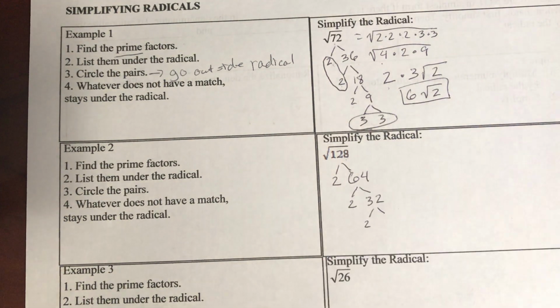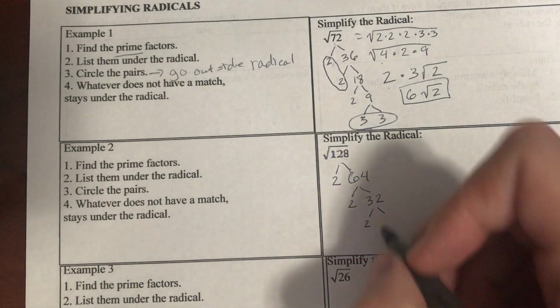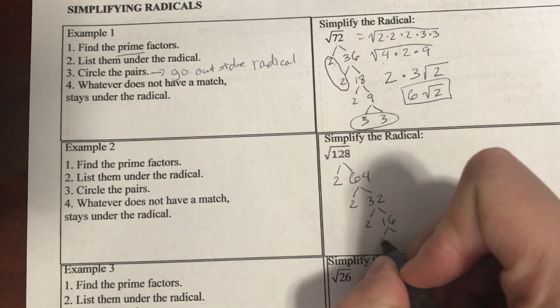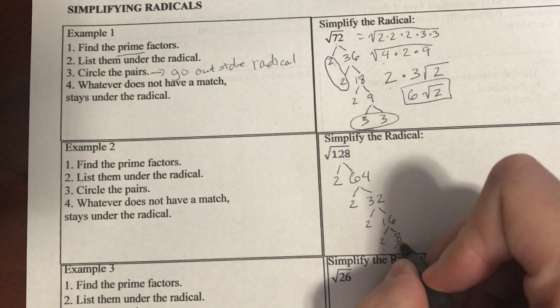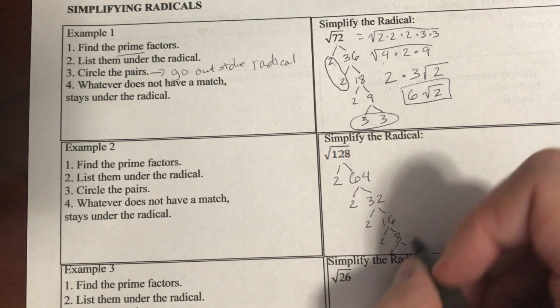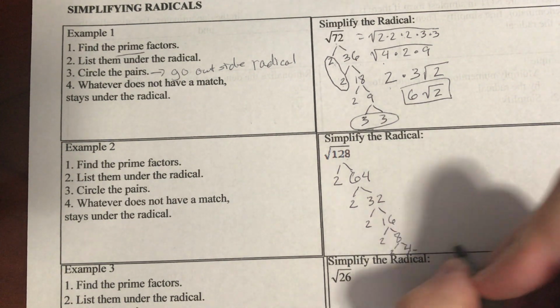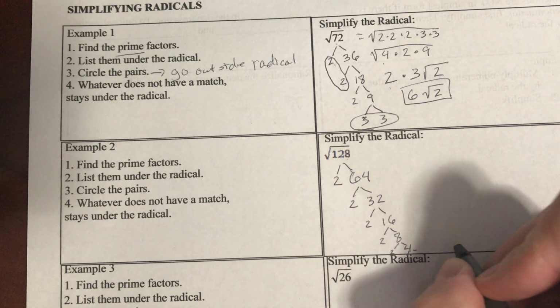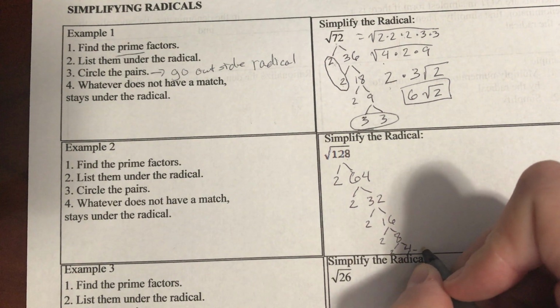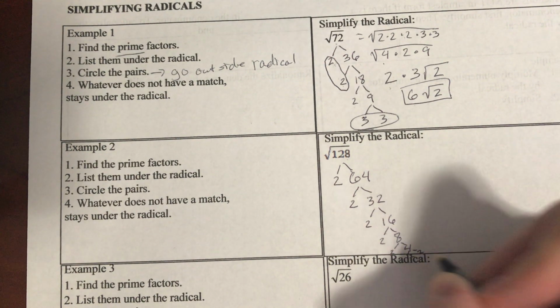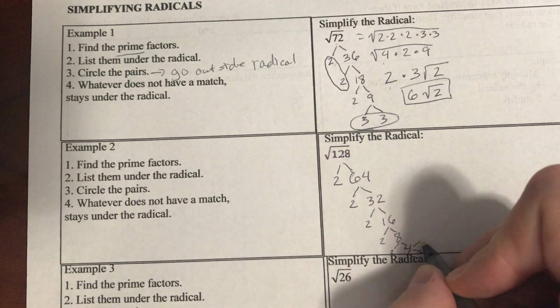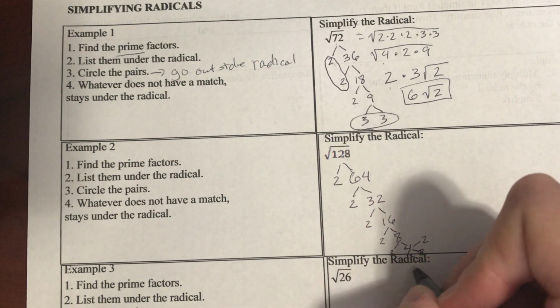Keep dividing by 2. 16. Again, keep dividing by 2 till you cannot any longer. I wish I had saved some room at this point. Okay, but this is broken up between 2 and 2. I'll stick it over the side, 2 and 2 over here.